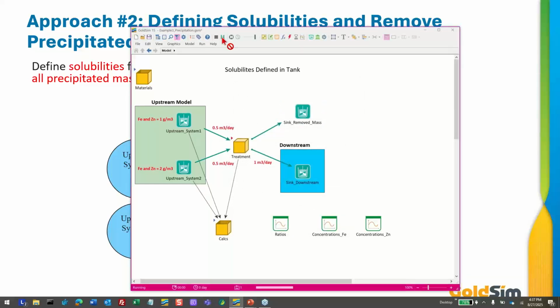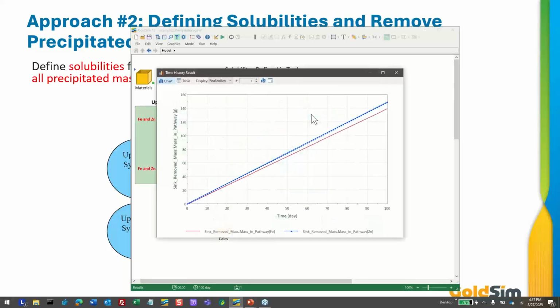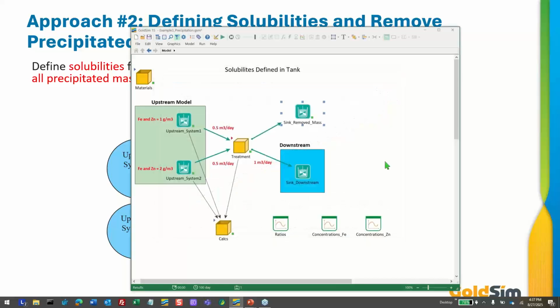And there's the mass that we removed from the system. We removed more zinc than iron because zinc had a lower solubility limit, right? And so we flushed more zinc out of the system. So those are two different ways to tackle treatment.